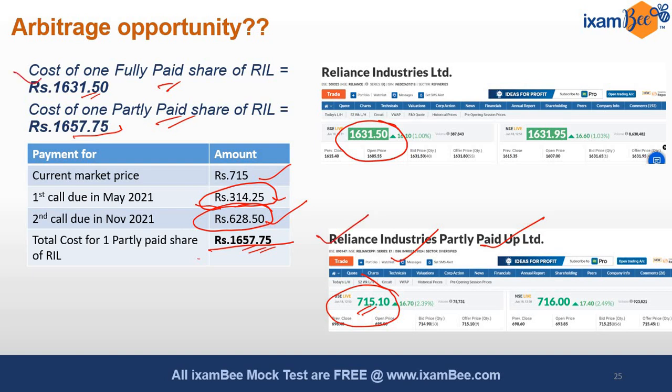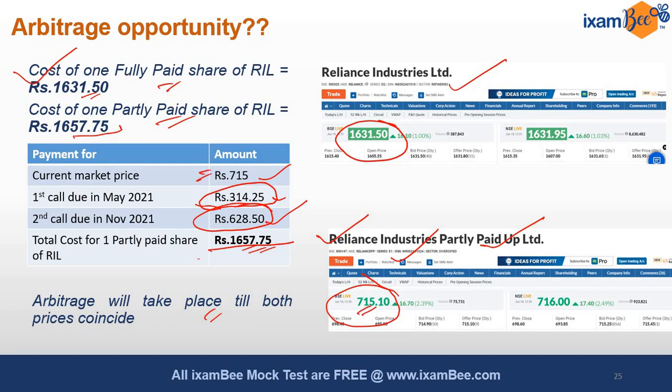But if you want to buy a fully paid share, the value of both will become equal. So you will have to pay only 1631. So there is an arbitrage opportunity. The fully paid share will look cheaper to you. And the logic here is that you are actually investing a lesser amount, right?